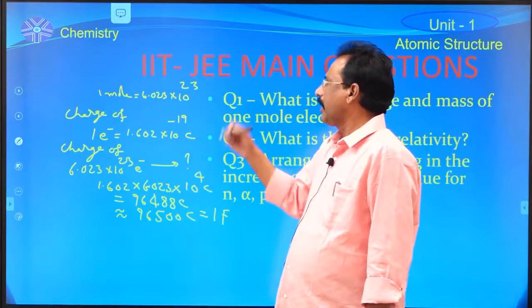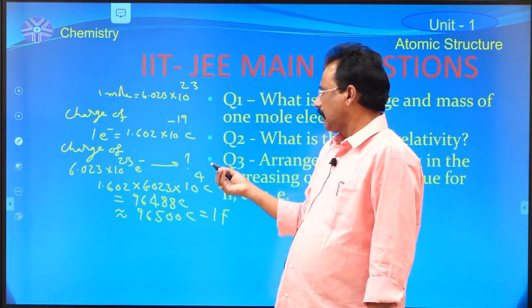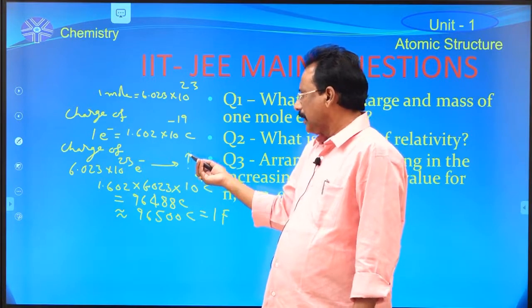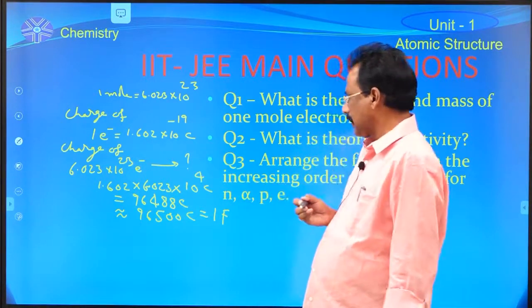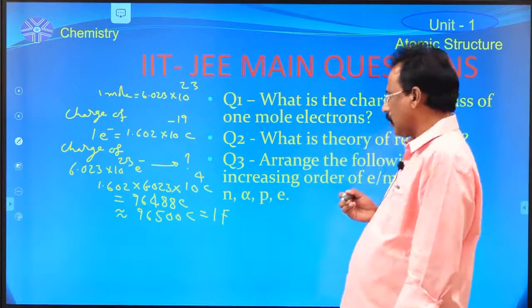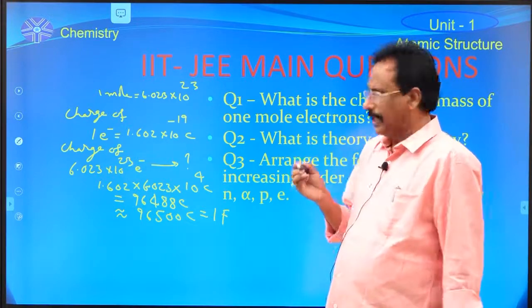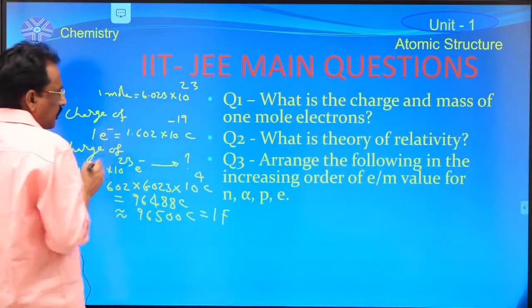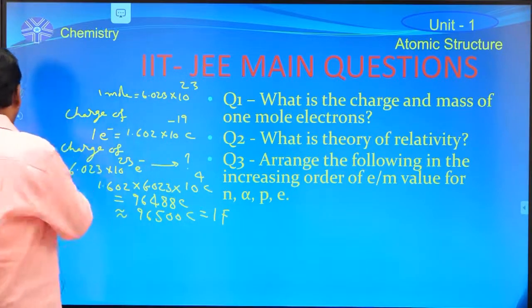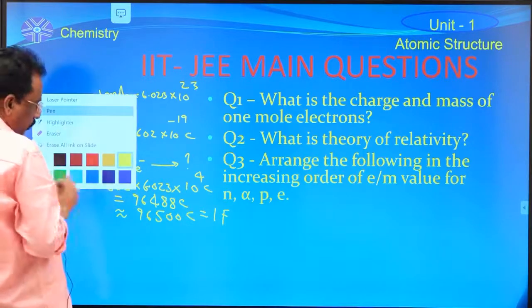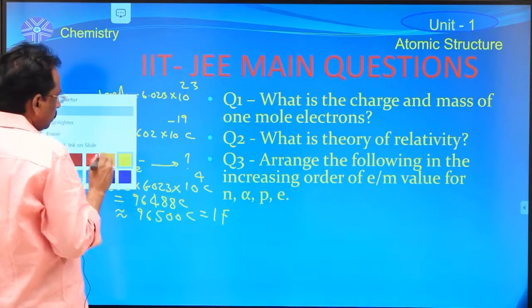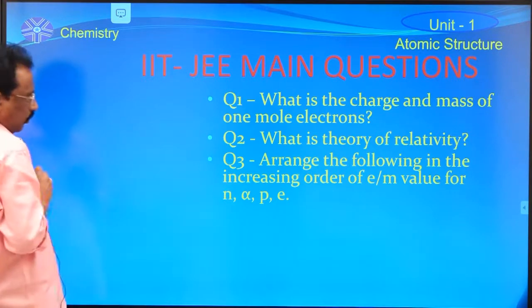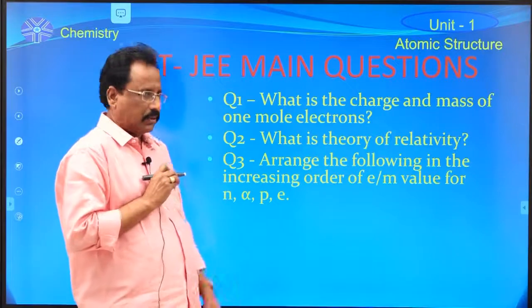Now find out the charge present on 6.023 into 10 power 23 electrons, which is equal to 96,500 coulombs, which is equal to 1 Faraday. Now the answer is the charge present on 1 mole of electrons is equal to 1 Faraday. That is nothing but 96,500 coulombs. That is the answer for that first question.